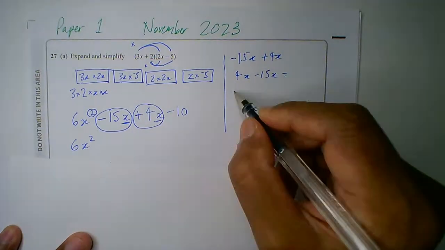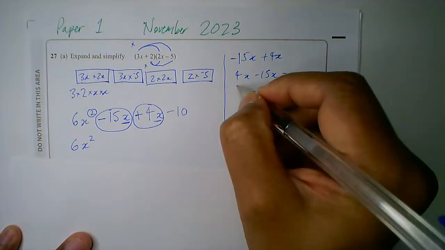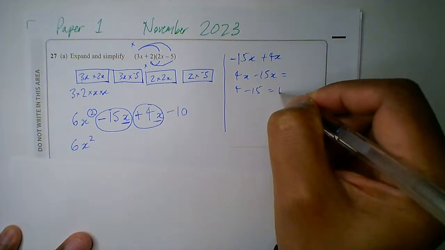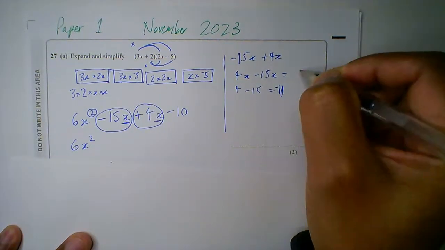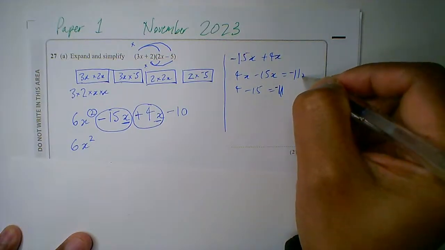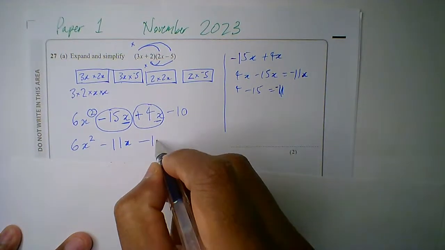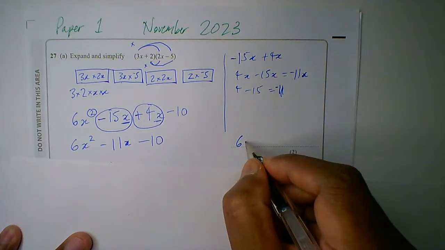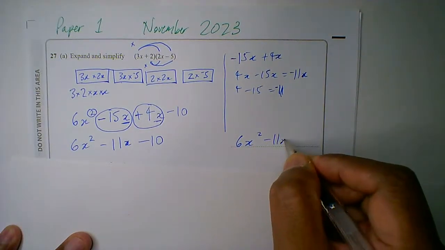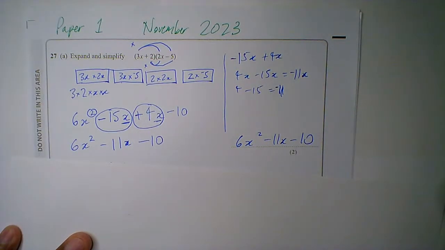That gives me 4x take away 15x, or 4 take away 15 is 11, minus 11. So minus 11x, and then you've got the minus 10 there. So my final answer is 6x squared, take away 11x, take away 10. All right, well done if you got that.